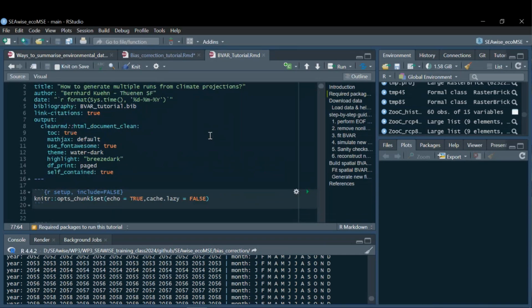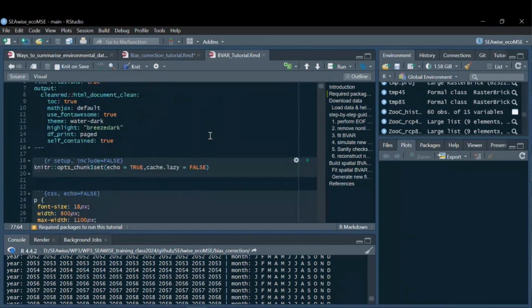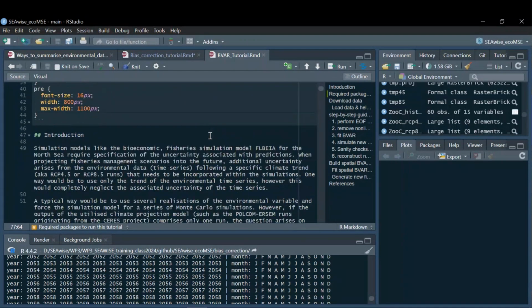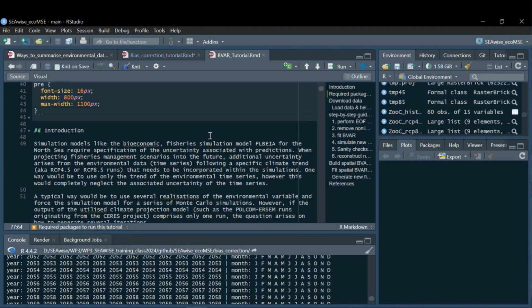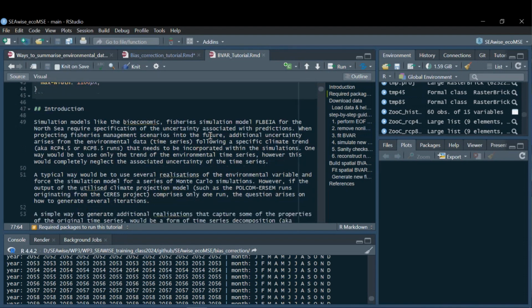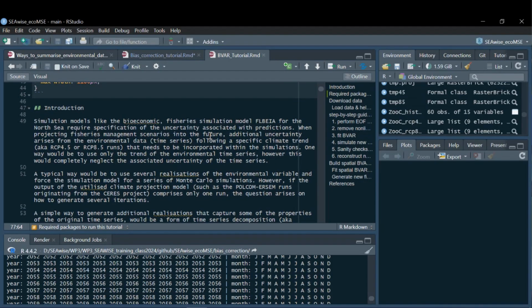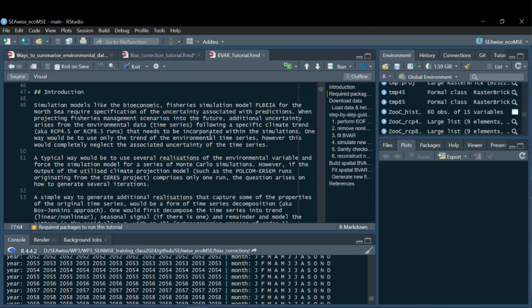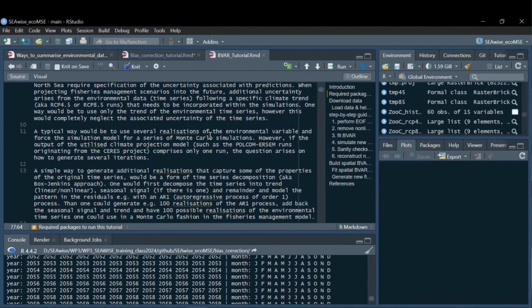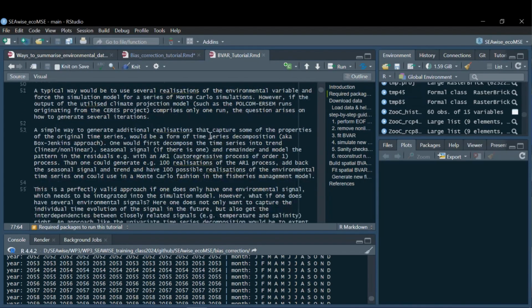So as I was saying in my previous talk, this procedure is to generate artificial time series with the same stochastic properties as your original projection data, to have a bit more Monte Carlo simulation and to put into your MSE simulations.